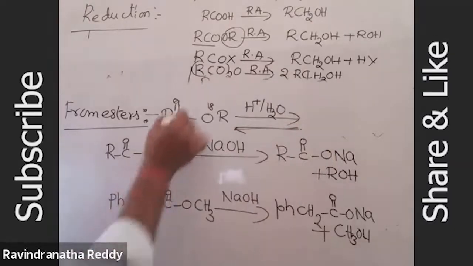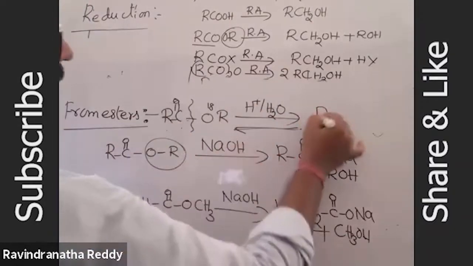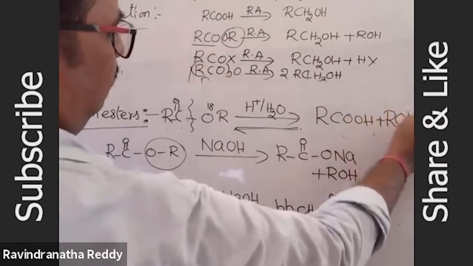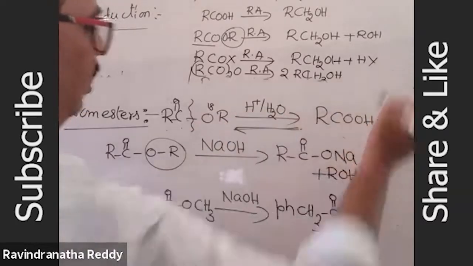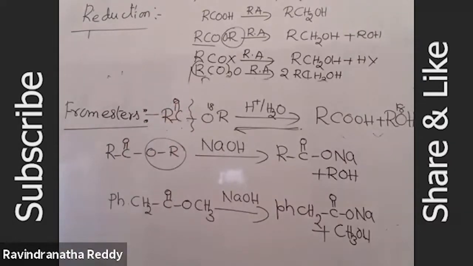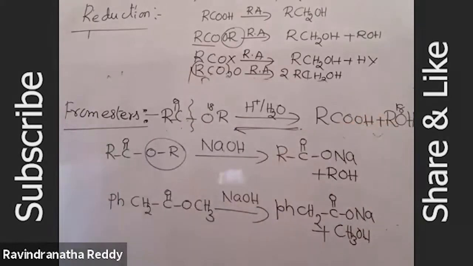So here this bond breaks, giving RCOOH plus alcohol. So here this oxygen 18 comes into the alcohol. Why? Because the RCO bond breaks, which we say based on the reaction mechanism. In isotopic substitution, oxygen 18 goes to the alcohol part, not to the carboxylic acid part.